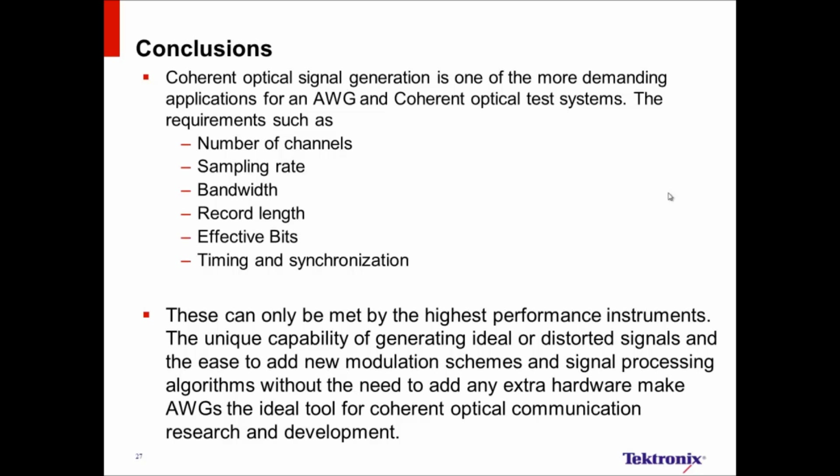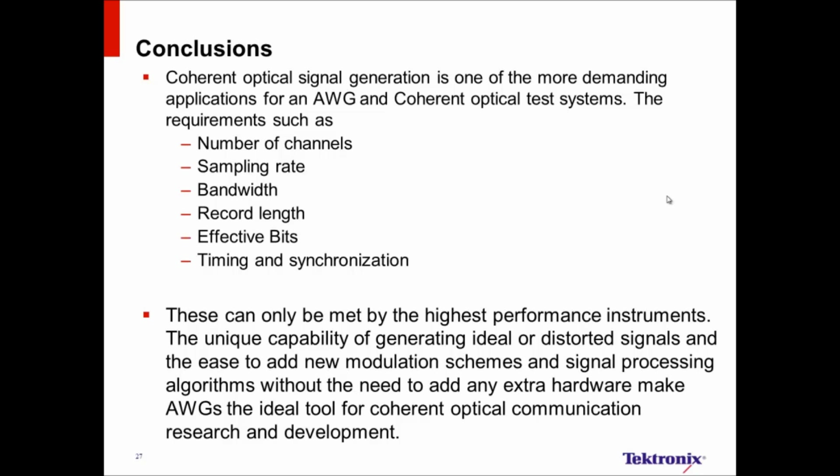Bandwidth is also a big factor, not only bandwidth but frequency response, and that frequency response will be a combination of the true analog bandwidth and the sample rate. Record length probably isn't as important, but you do need some record length in order to build these waveforms, so that you can build them effectively.